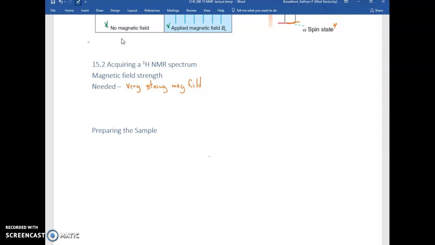And then we need a source of radio frequency. The magnitude of this gap, the delta E, is going to be dependent on the strength of the magnetic field.